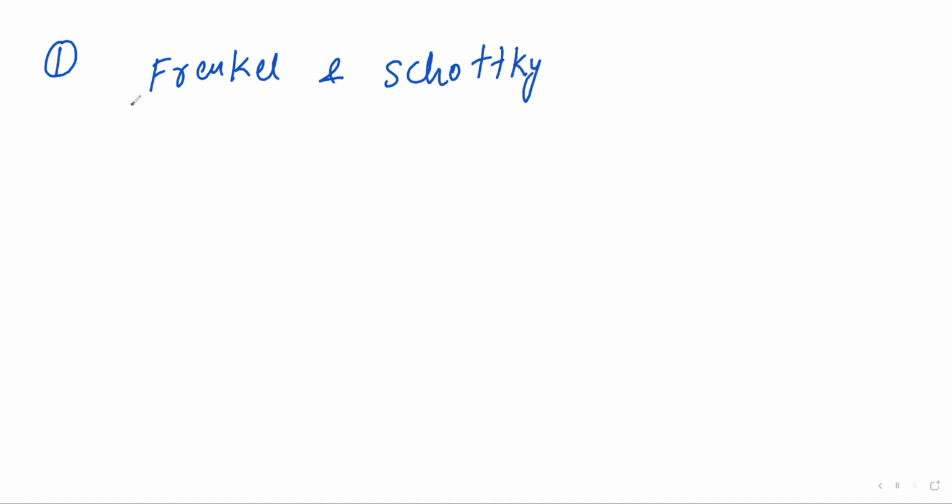Now see the next topic, that is imperfection or crystal lattice error, right? That is called imperfection in solids. So the first question is, which one of the following compounds shows both Frenkel as well as Schottky defects? So it is talking about Frenkel and Schottky defects.